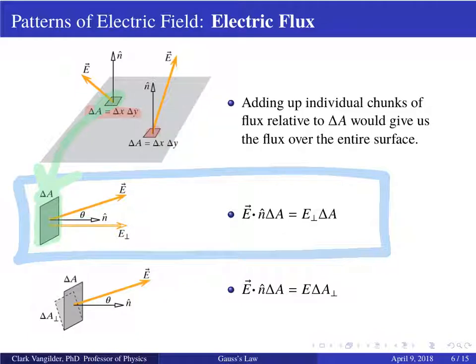and I have my electric field coming out of it at an angle to the perpendicular, meaning this normal vector, angle theta. So there's a portion, this vector here is the projection of the actual vector down onto the perpendicular to the surface.